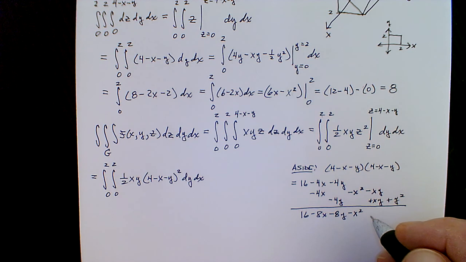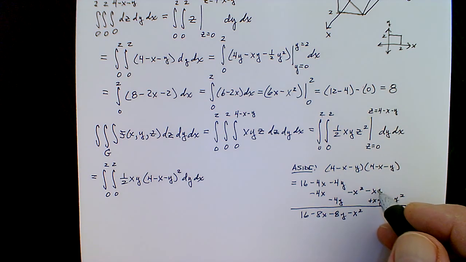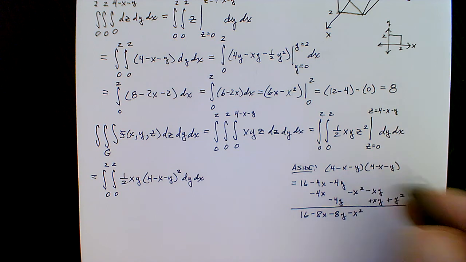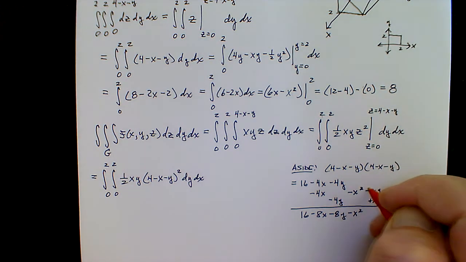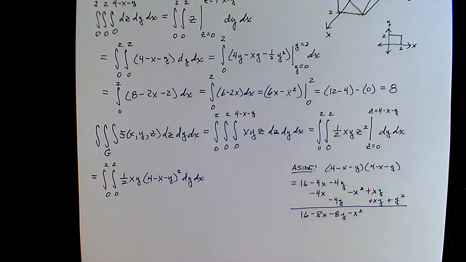Do they go away? No, because I made a mistake when I did the negative x times the negative y. It was supposed to be positive xy. And so therefore, plus 2xy plus y squared.